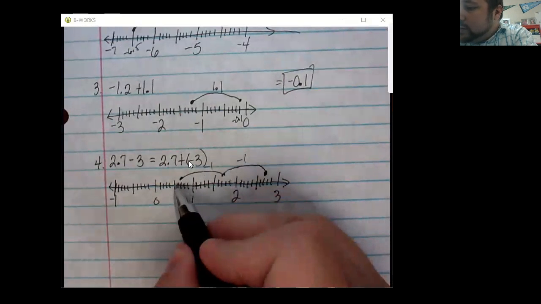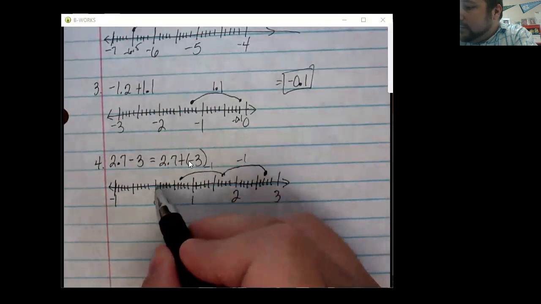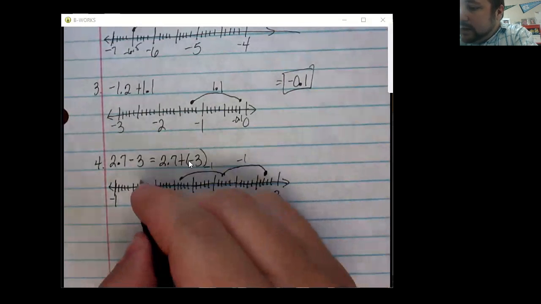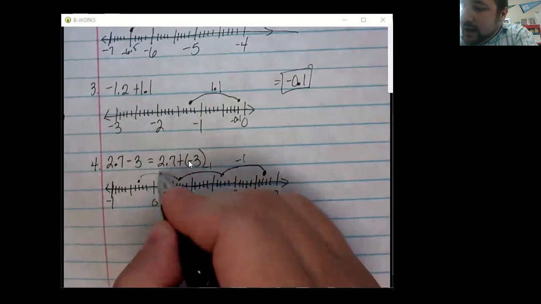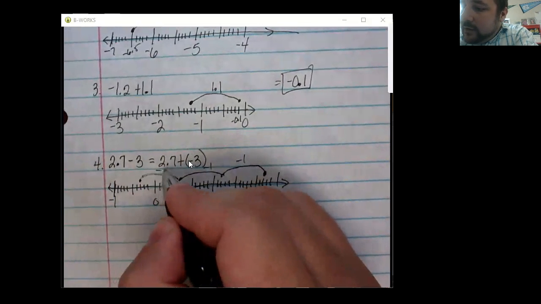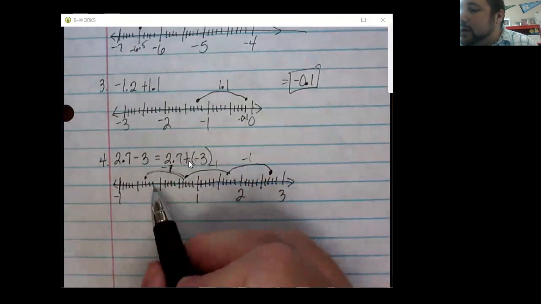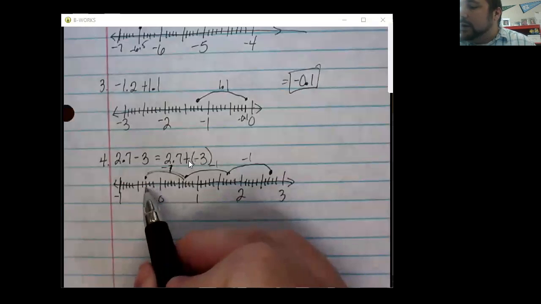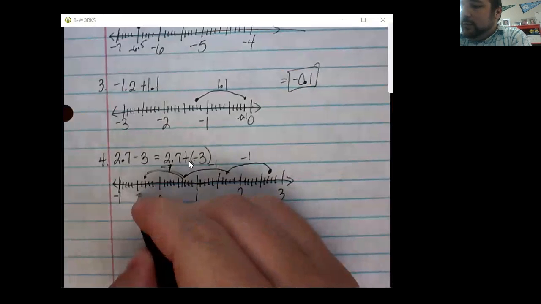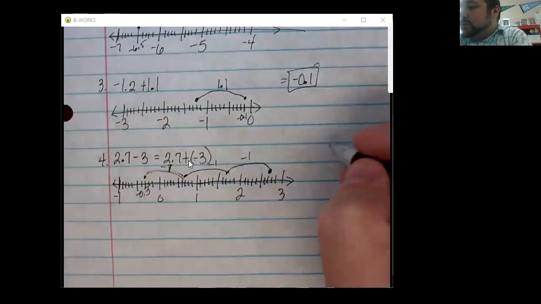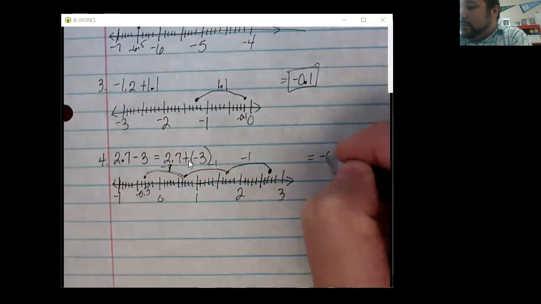And then 1, 2, 3, 4, 5, 6, 7, 8, 9, 10. There's another. So that's now -3 total. And we are at -0.1, -0.2, -0.3. So 2.7 plus -3 equals -0.3.